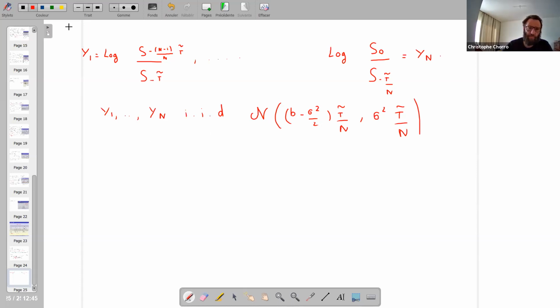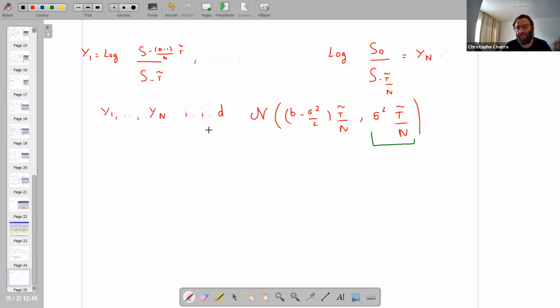In particular, sigma is related to the variance of the log returns, which are IID random variables, up to this constant.